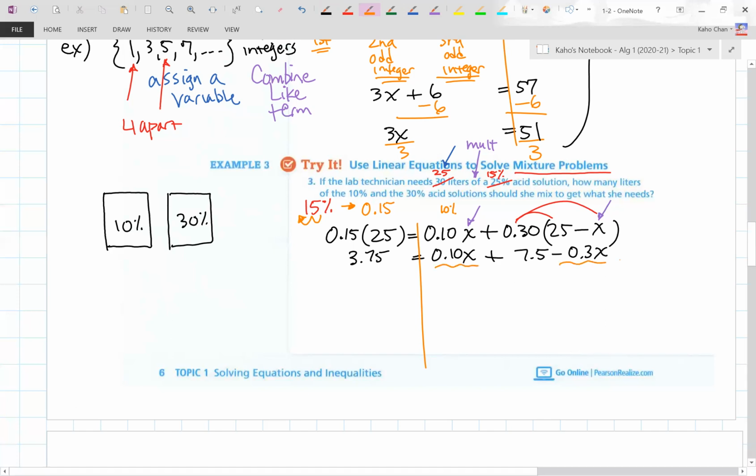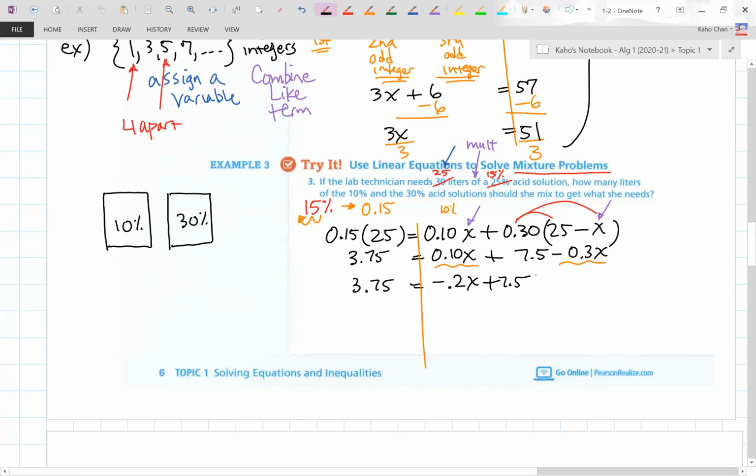You don't have to move them or whatever. 0.1x minus 0.3x is actually negative. Okay? So keep that in mind. So negative 0.2x plus 7.5. I know, decimals are fun, aren't they?